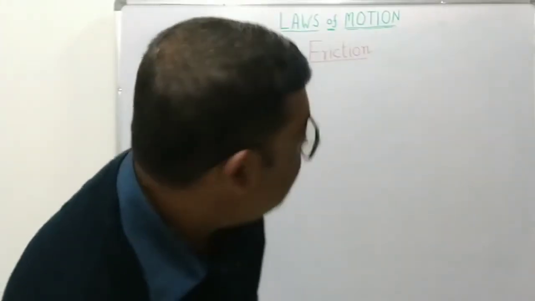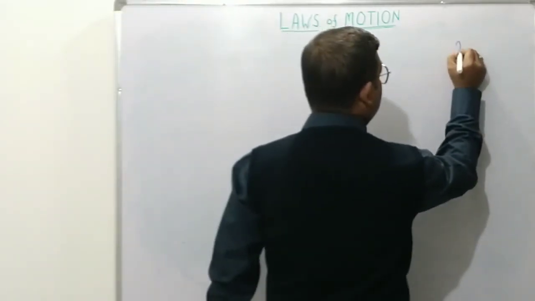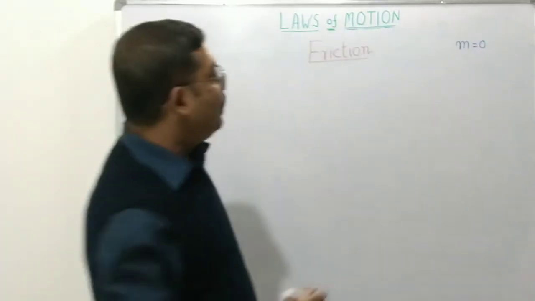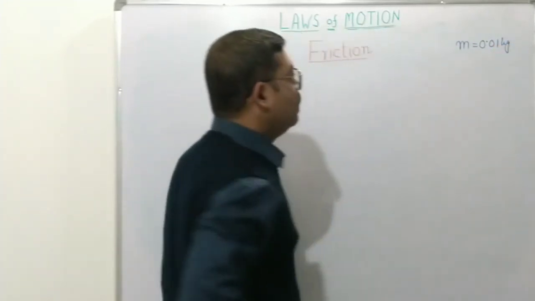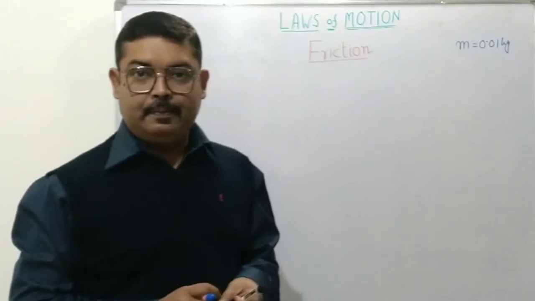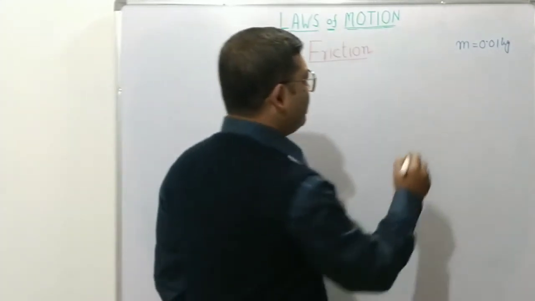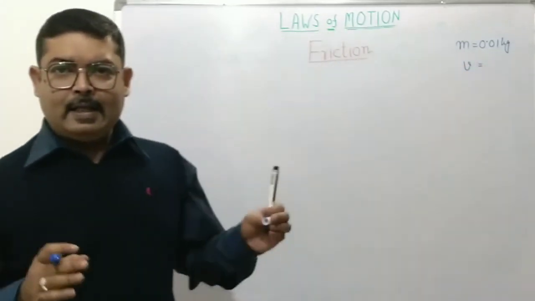Now let's consider another case. We have been given that a bullet of mass 0.01 kg is moving towards a block, and it hits the block with some velocity v and gets embedded in the block.